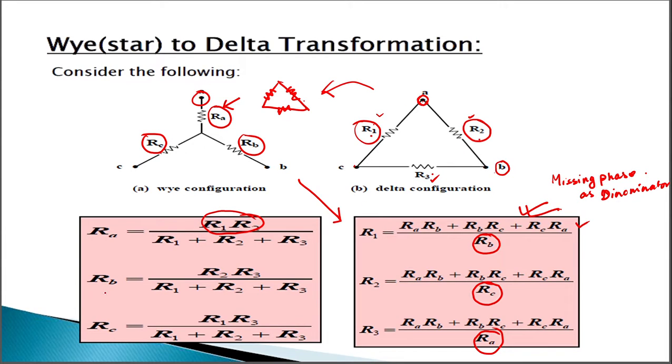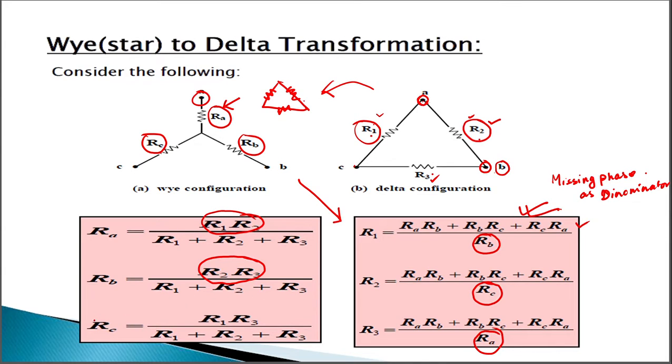Now for B, let's see whether this is correct or not. This B has a connection with A as well as C. So the resistance between B and A is R2 and the resistance between B and C is R3. So R2 and R3 go in the numerator and the denominator is as always the same.